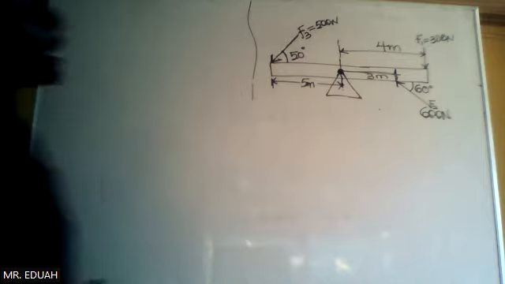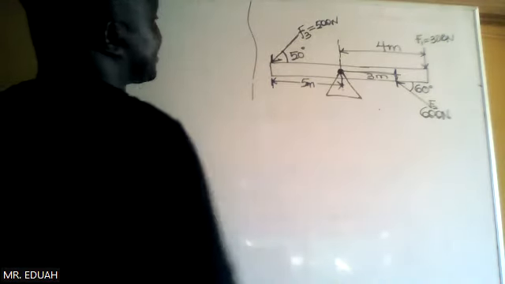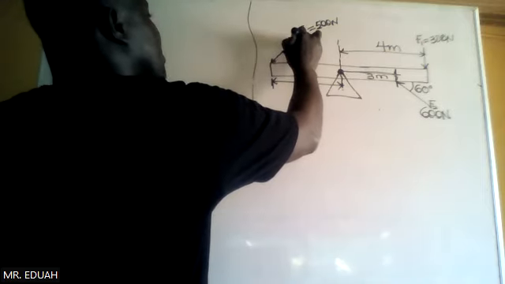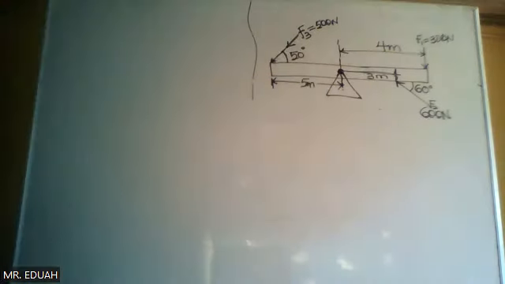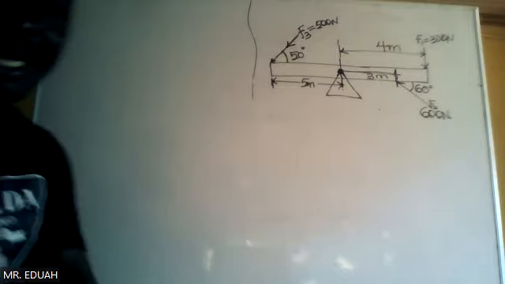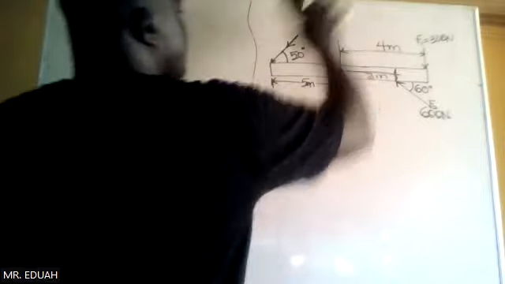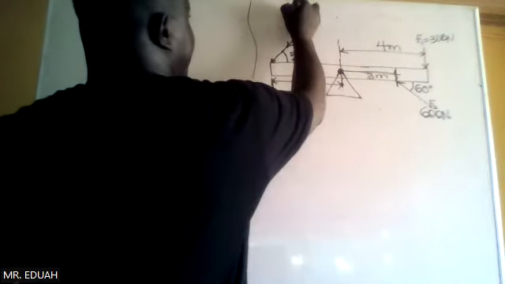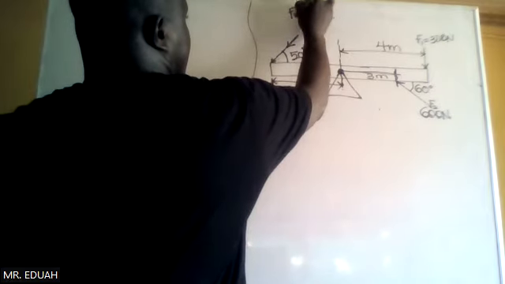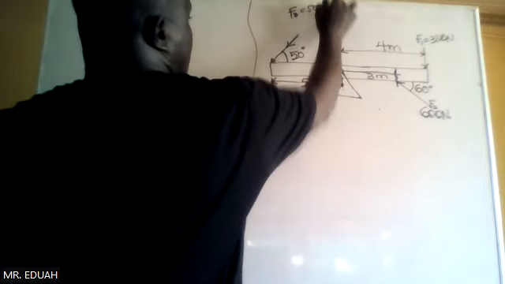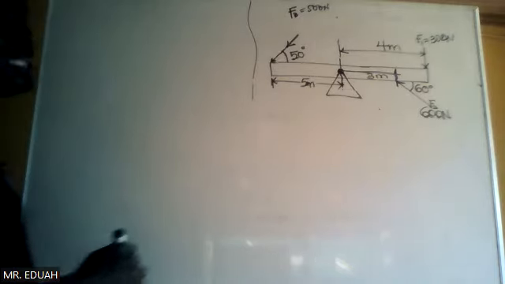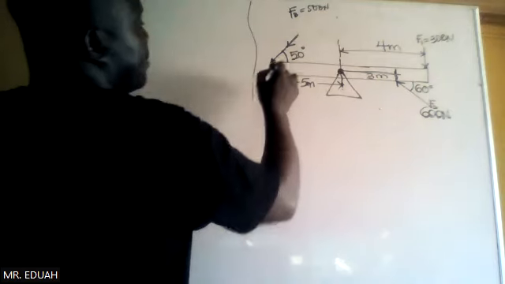So what I have to do is resolve so that I can get the component of the force which is directly perpendicular. F3 is 500, so let's resolve to get a component of this which will be perpendicular to it.